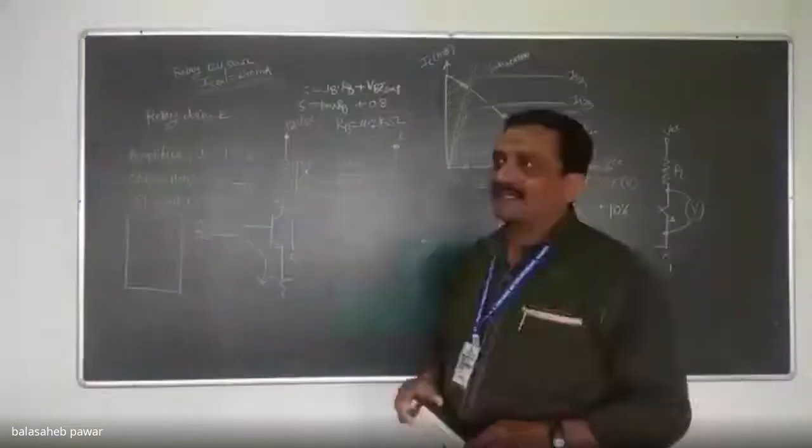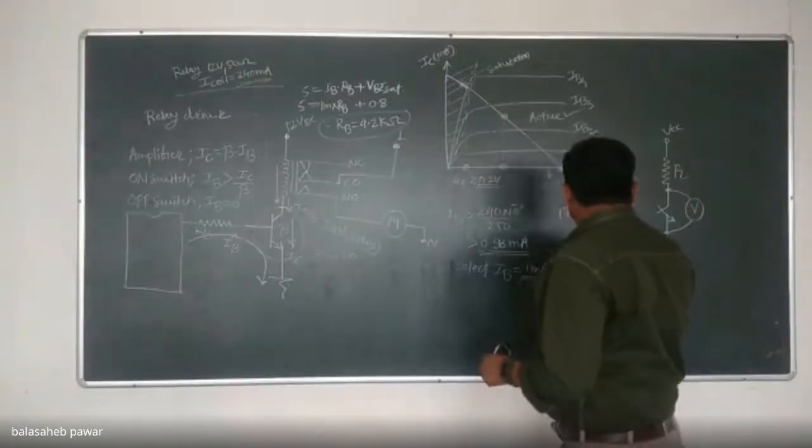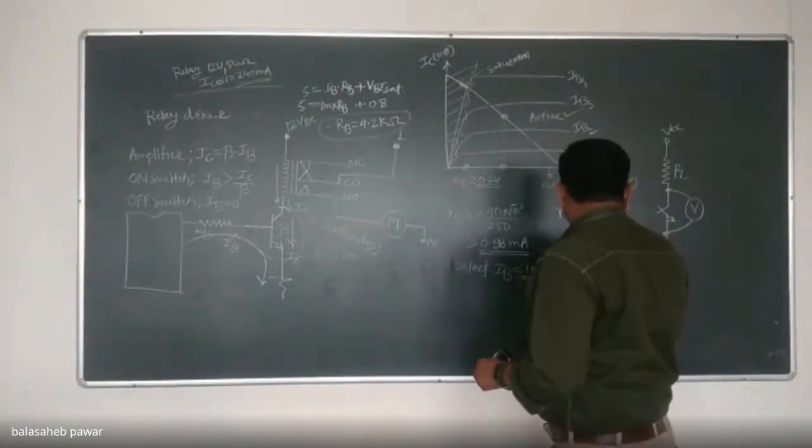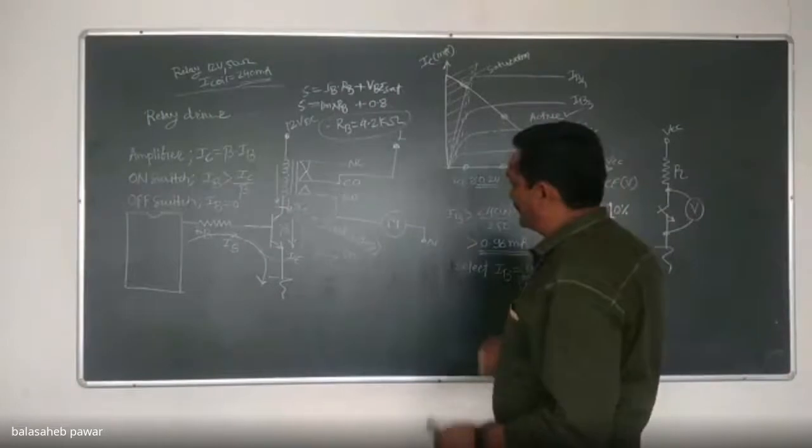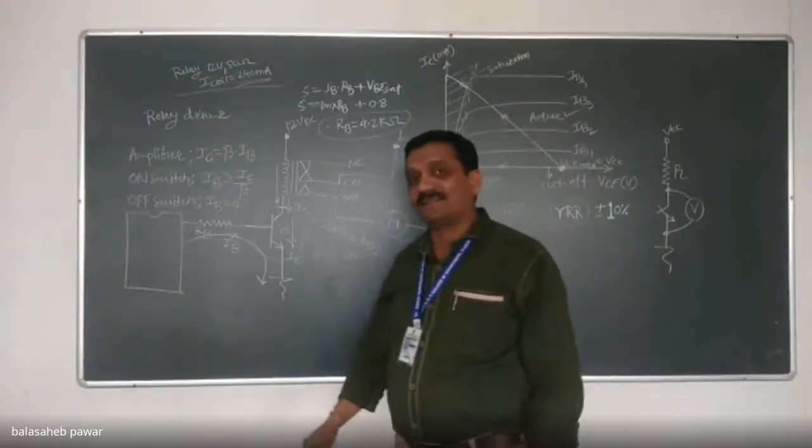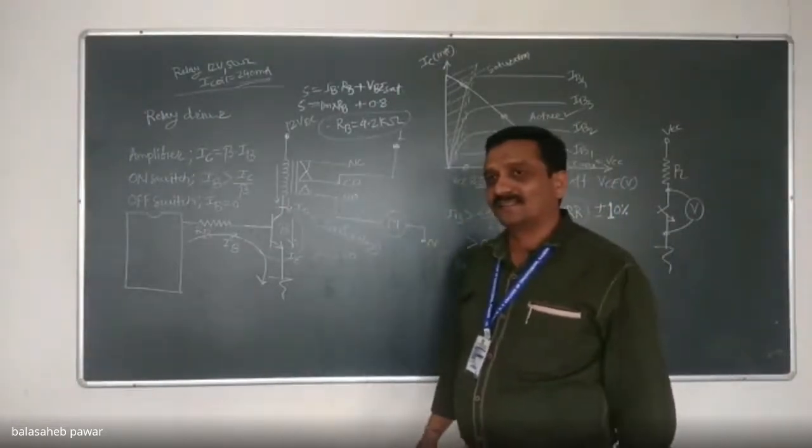Right? If the tolerance is plus 10%, how much will be the actual value of that resistor? Calculate it.